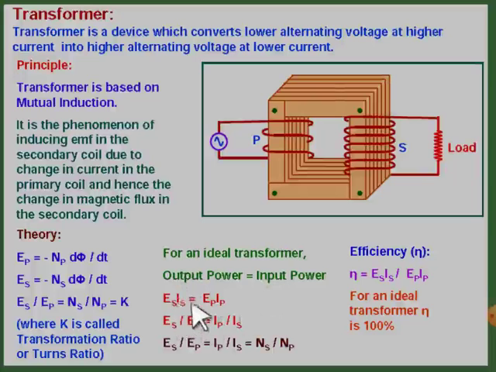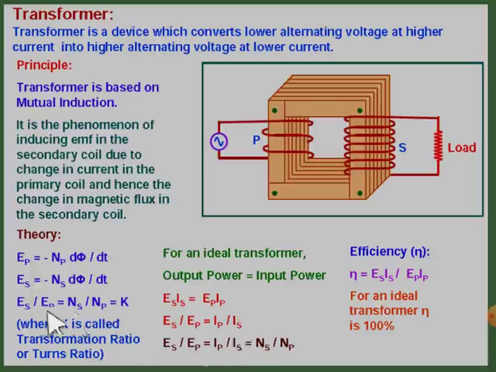So if we assume that there is no leakage or no loss of the magnetic flux, then output power must be equal to input power. So from this equation, if you express ES by EP, then it will be equal to IP by IS.